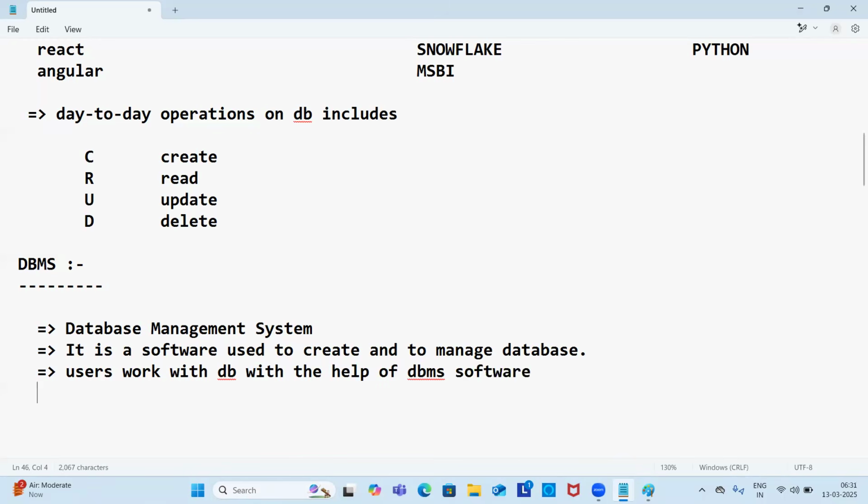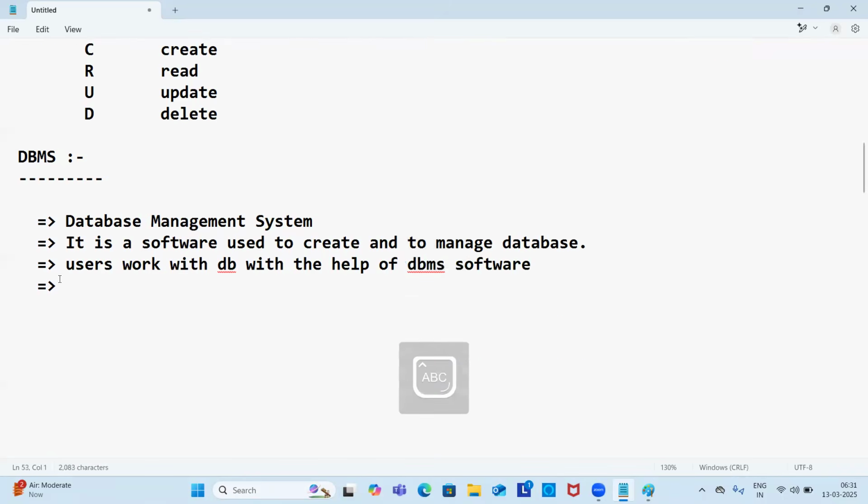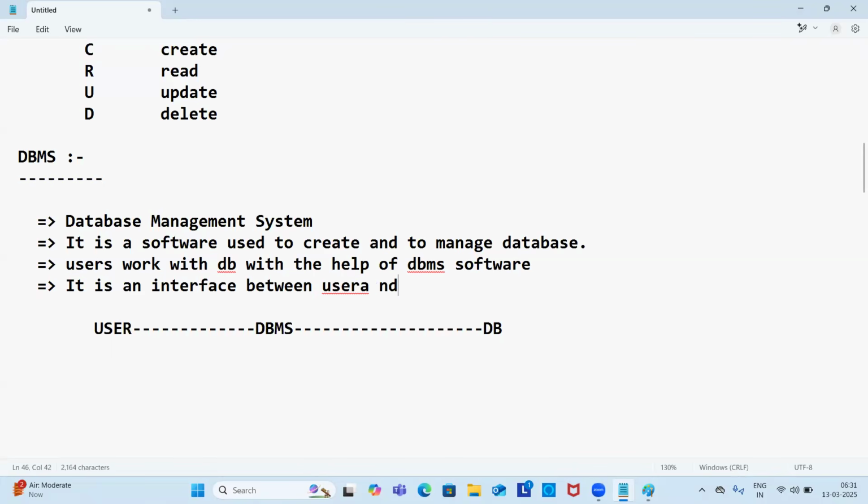You can say it is an interface between the user and the database. The user uses DBMS to work with the database.